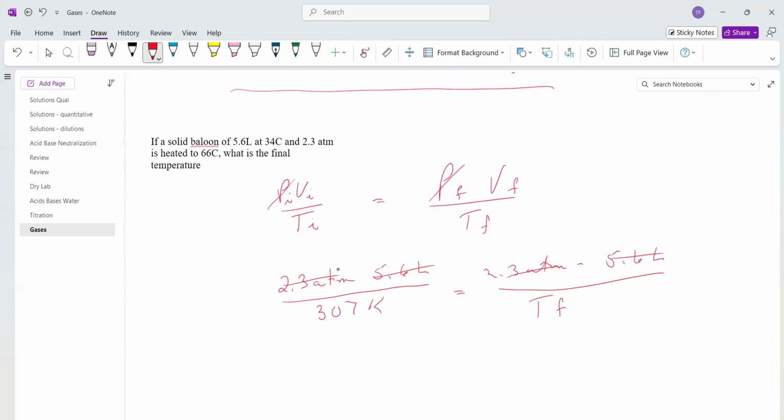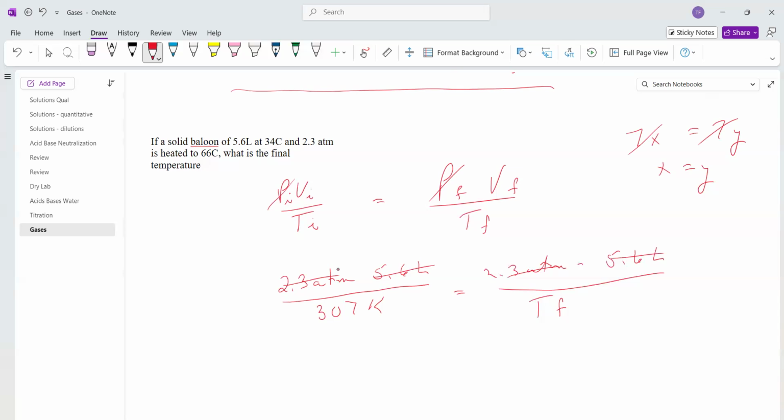So if you have something on both sides of the equation, what does that simplify to? X equals Y because the sevens cancel. So in this case, the volume cancels and the atmospheric pressure cancels.